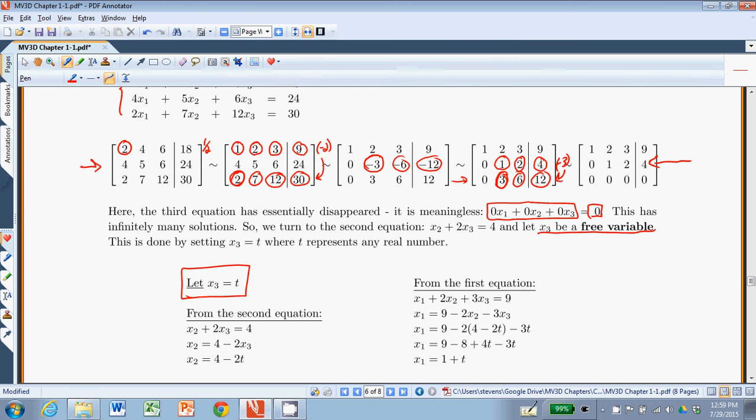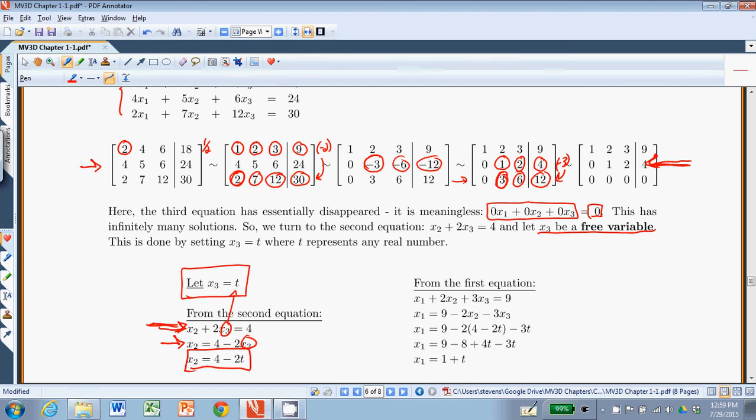And so when I go back to my second equation, which is the second row of my augmented matrix, I now have x3, my free variable t. So I get x2 by itself, sub in t for x3, and I get x2 is 4 minus t.